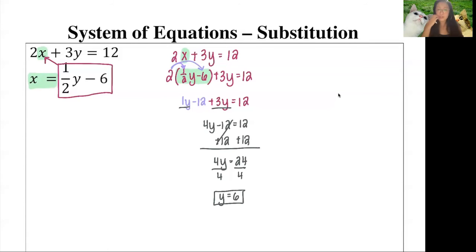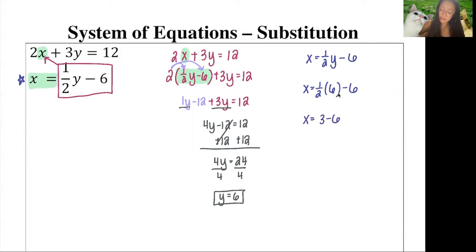When you're looking at your two equations, choose the one that's easier for you to solve for x. For me, it's going to be the second equation because x is already by itself. So it's x equals 1/2 y minus 6. I know what y is. Y is equal to 6. Let's plug that in. Put this into your calculator. 1/2 of 6 is 3.